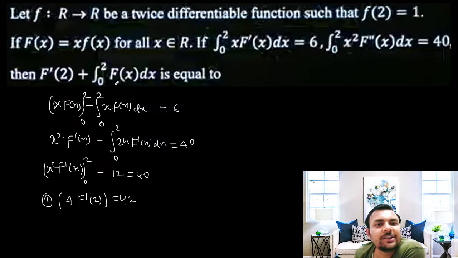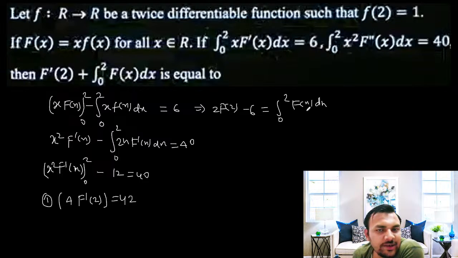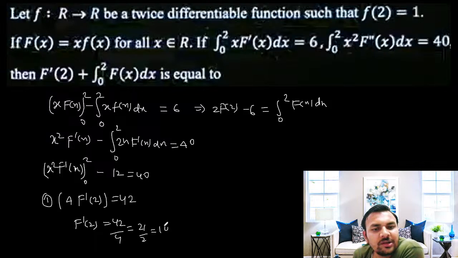Now we have to find the value of the integral of f(x) dx from 0 to 2. At 2 we are getting 2 f(2) minus 6 equal to the integral from 0 to 2 of f(x) dx. We got f dash 2 is 42 by 4, which is 21 by 2, which is 10.5.